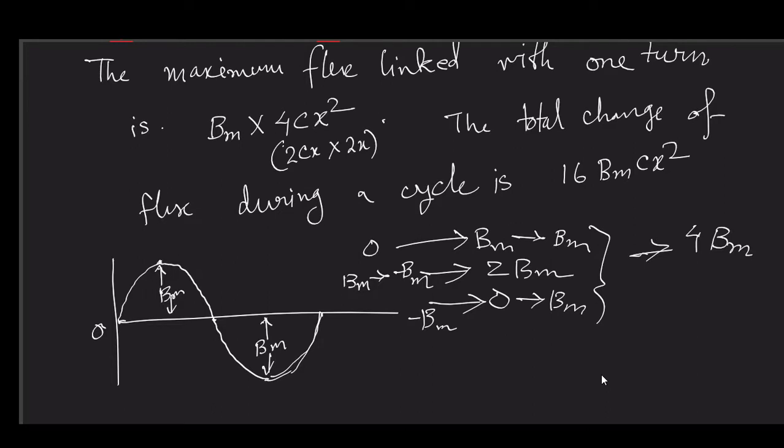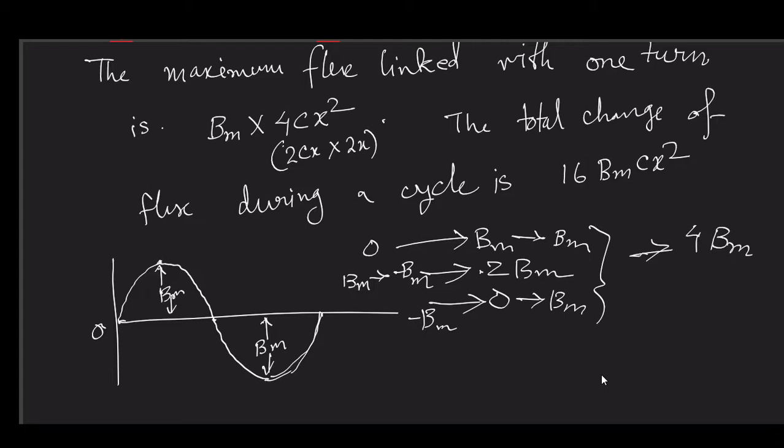Now obviously you can argue that sometimes the curve is ascending, sometimes descending, so the slope is not the same, but we are talking about the total change. Here we are not considering the sign. If you consider the sign, it will give you 0, because the change from plus Bm to minus Bm is in the negative direction and the other two changes are in the positive direction, so the average is 0.